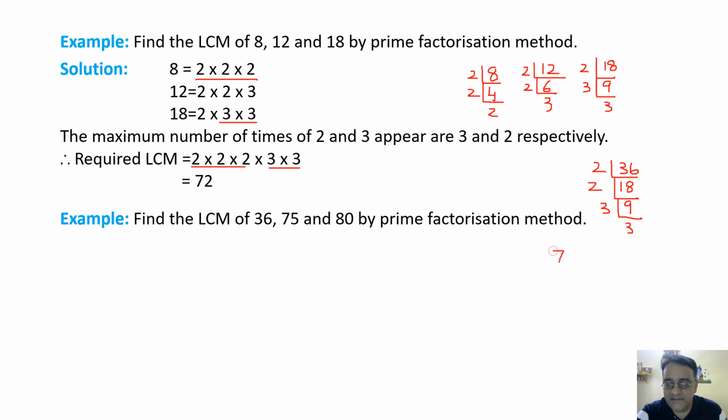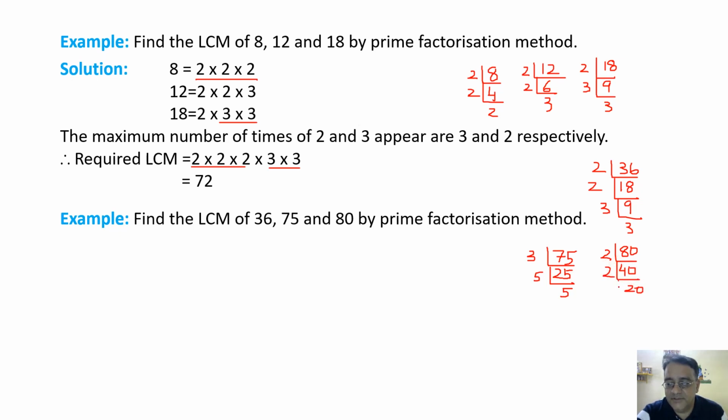Now we'll find for the number 75. 75 first we have to divide it by 3. So if you divide it by 3, 25, right? So again 25 we have to divide it by 5. So we'll get 5 only. Fine. Now 80. So 80 first you have to divide it by 2. You will get 40. Again divided by 2, 20.